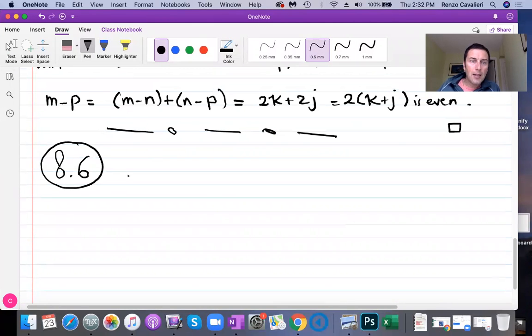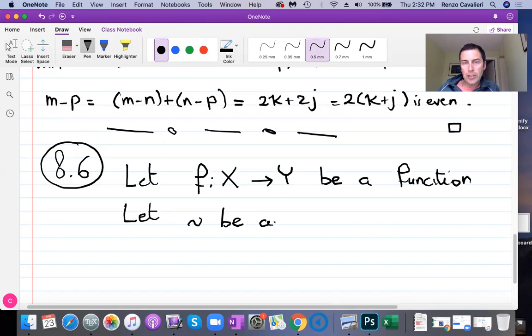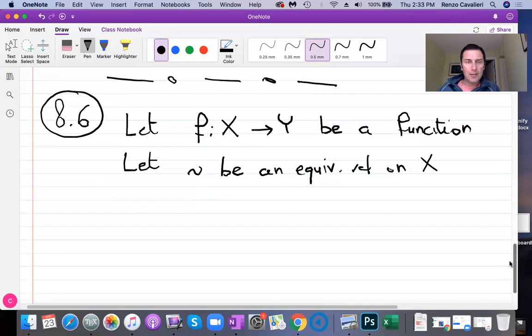So let f from x to y be a function and let tilde be an equivalence relation on x. And at this point, f and tilde are not related in any way, right?